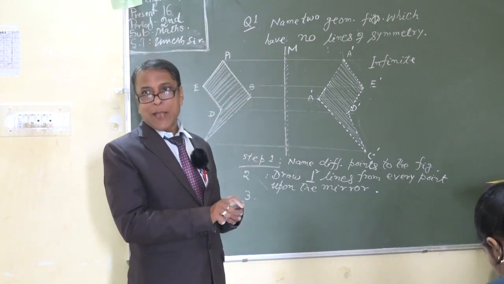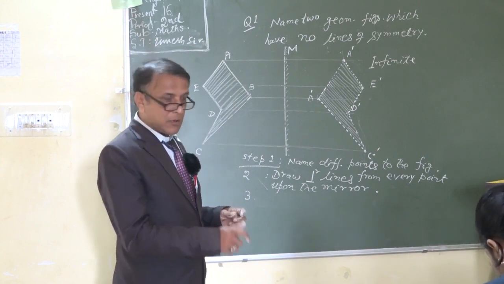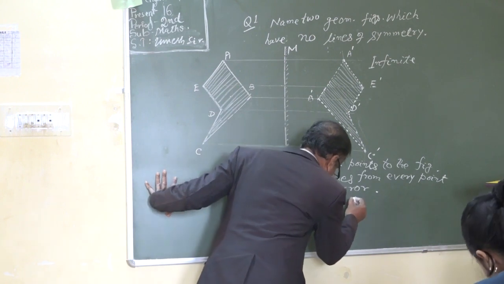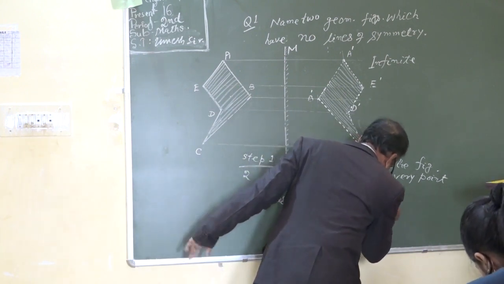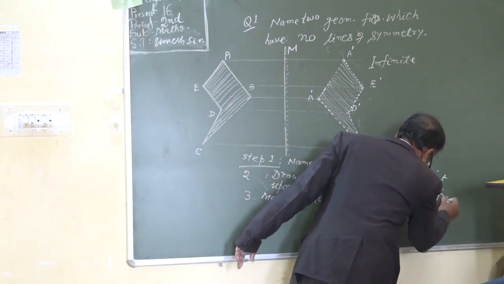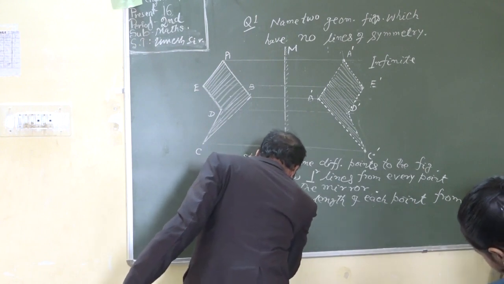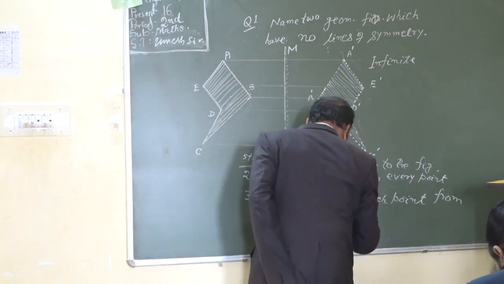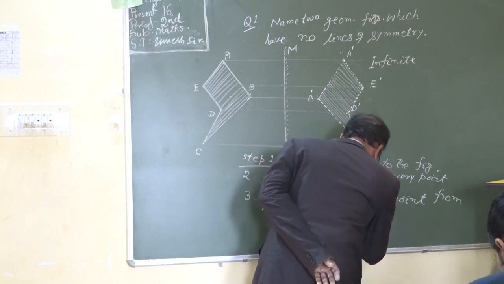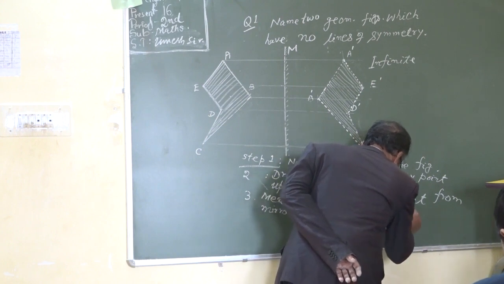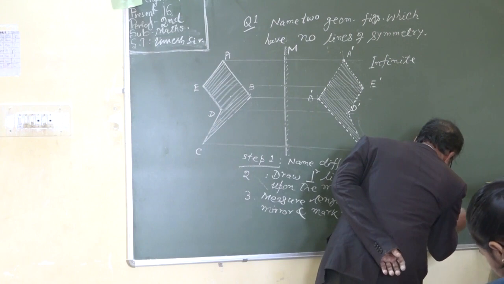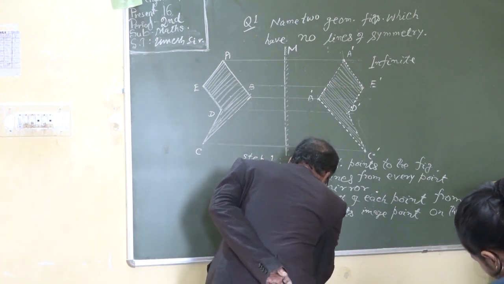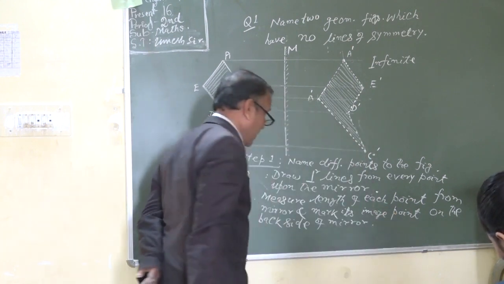Then what is the third step? Step 3: measure the length of each point from the mirror and mark its image point on the backside of the mirror.